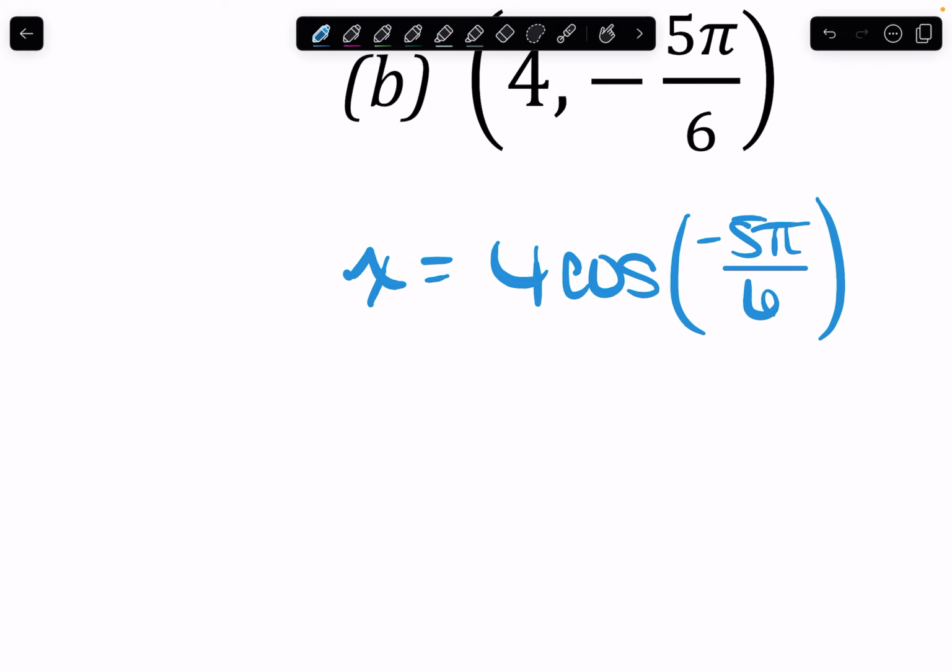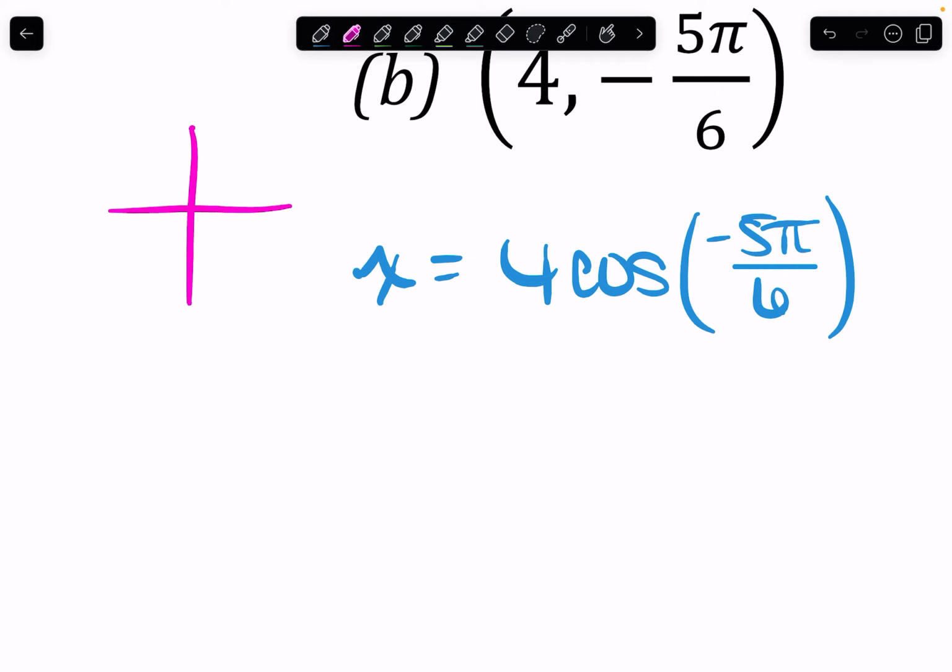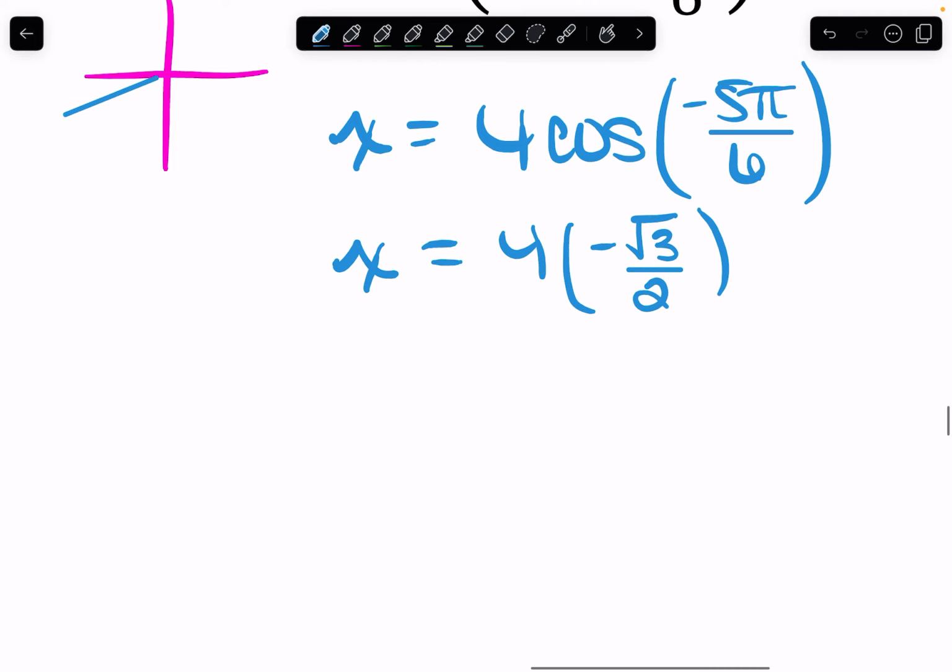Negative 5 pi 6, if you're struggling with the visual, get it drawn. Negative 5 pi 6 is rotating this way, but it is coterminal with 7 pi 6, so it's going to be right here. Cosine of 7 pi 6 is negative square root of 3/2. So positive times negative is negative, 4 divided by 2 is 2, so negative 2 square root of 3.